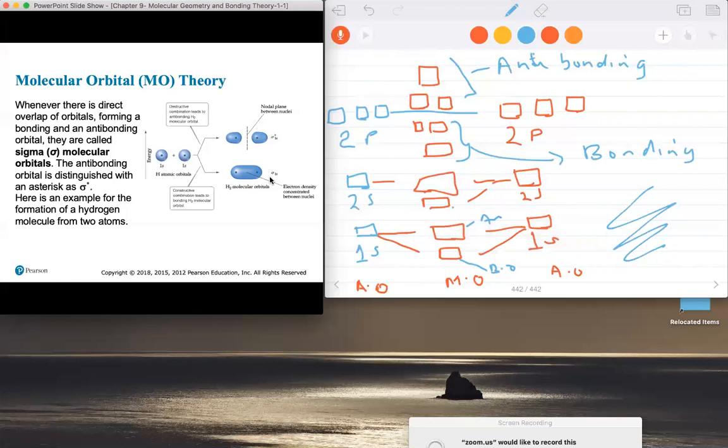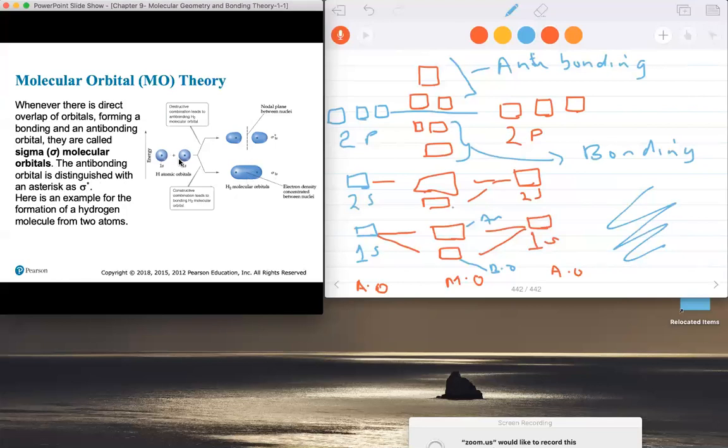Please take note of those notations here, the star, because a question will probably be given in the exam or quiz. You should understand that a star represents antibonding. The antibonding orbital in molecular orbitals is marked with a star, while just the regular sigma or pi represents bonding electrons.